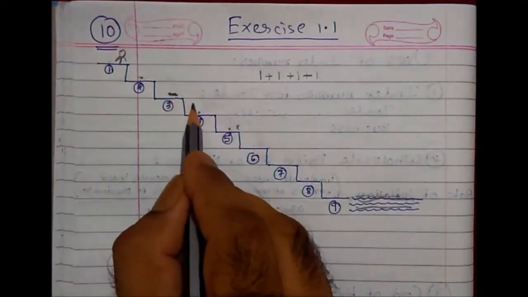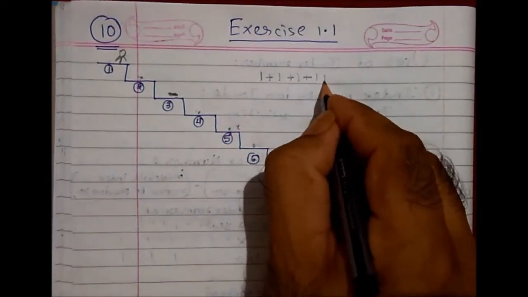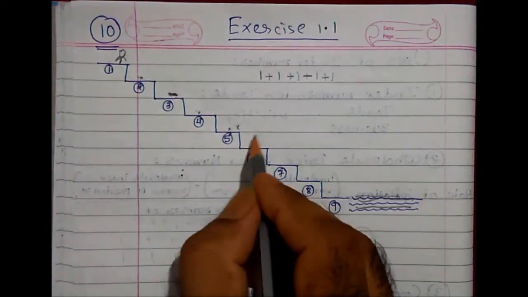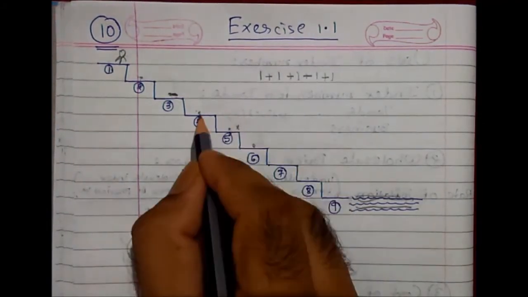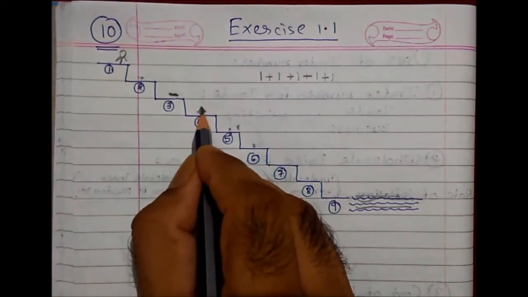Again 3 steps. 1, 2, 3. Then 2 steps back, 1, 2. So now the position of the monkey is here.